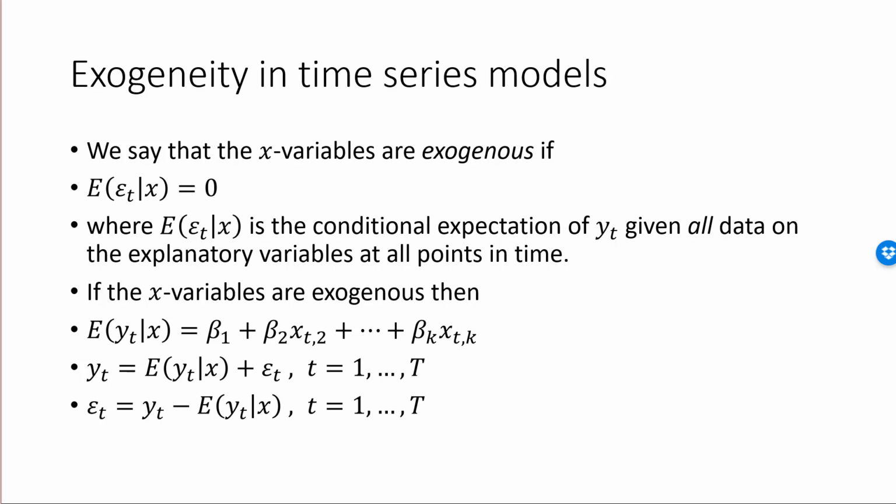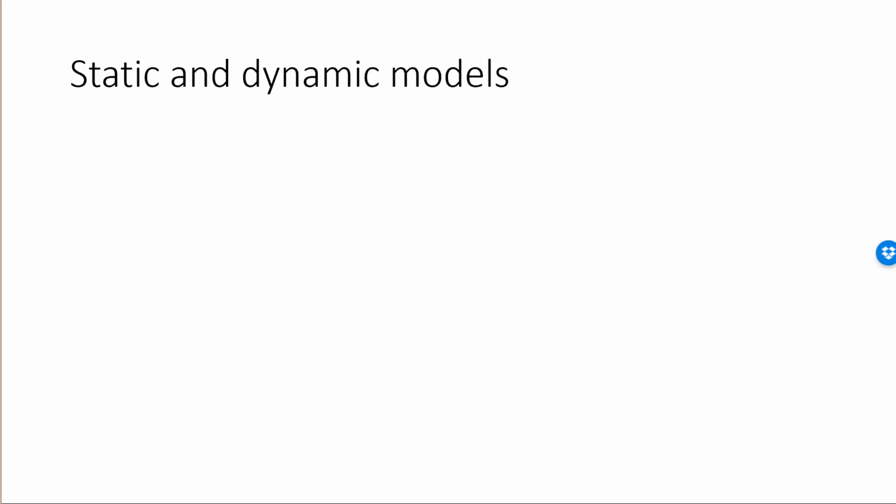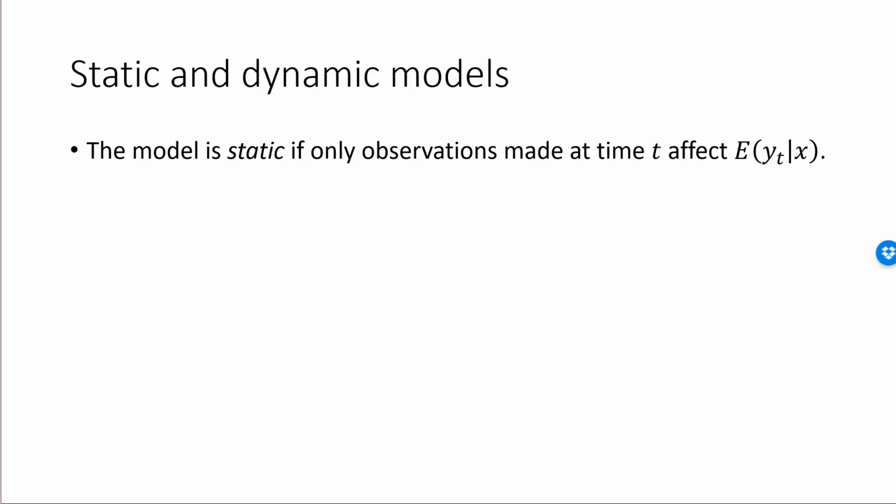So with this setup, we can now explain the difference between the static model and the dynamic model. Again, just to remind you, the key point here is that I'm conditioning on all the x data, not just xt. So we say that the model is static if only observations made at time t affect the expected value of yt conditionally on x.